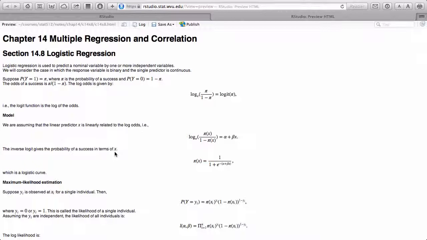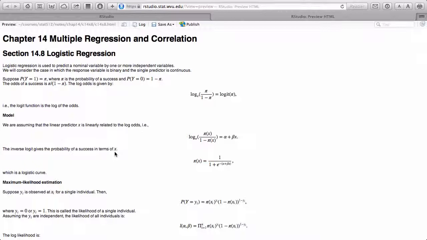Now, back in Stat 511, you would have covered things like contingency tables. So one of the things you might have covered is the 2x2 contingency table where either the rows or columns would represent the outcome variable and the other would represent a predictor.